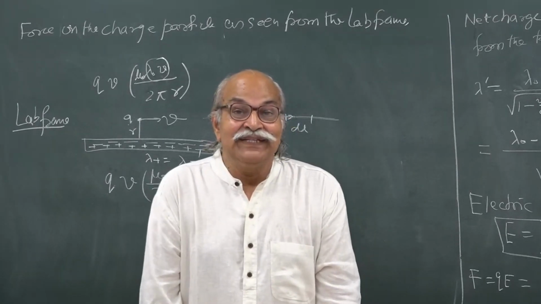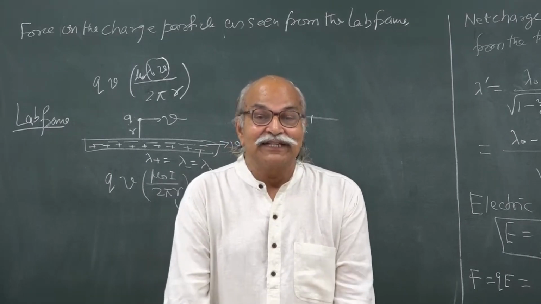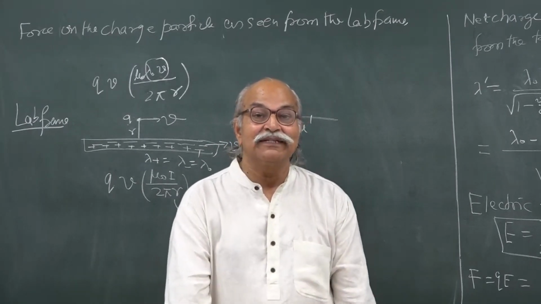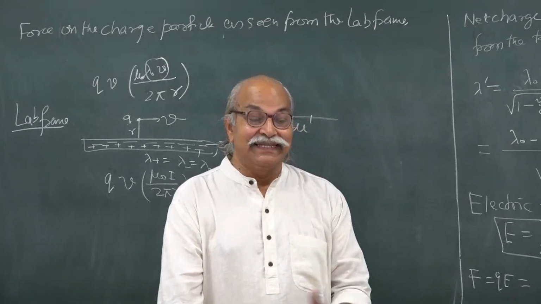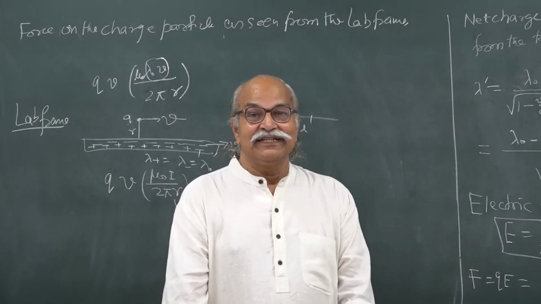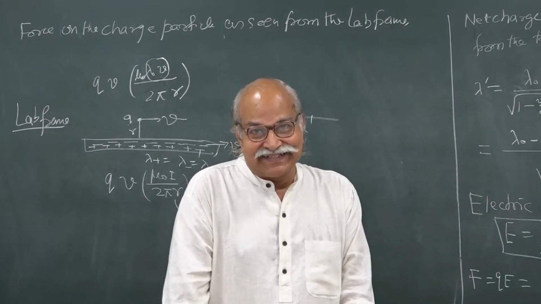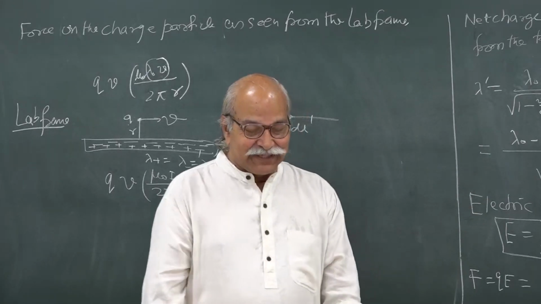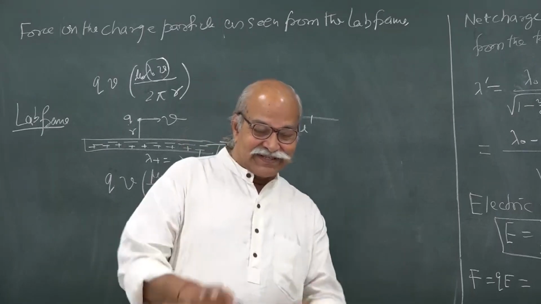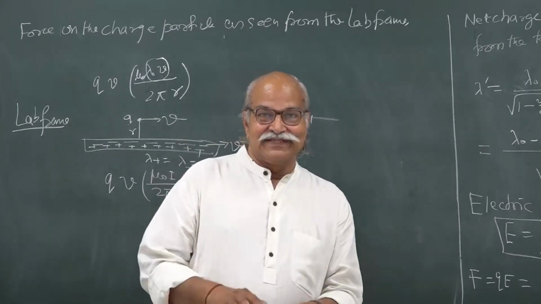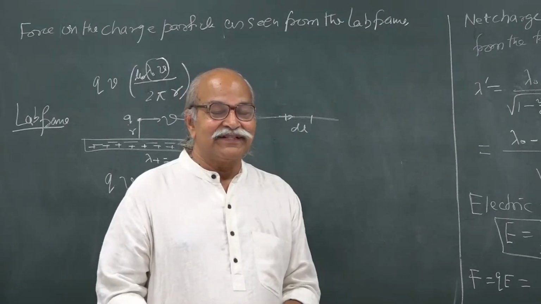If charges are moving, they must produce a magnetic field, and if they are producing magnetic field, that means you are seeing the relativistic effects in normal lab conditions. All right. So, this much about the relation between relativity and magnetism.